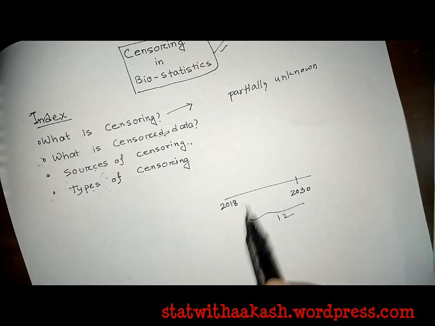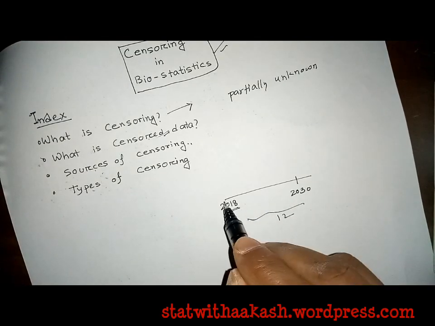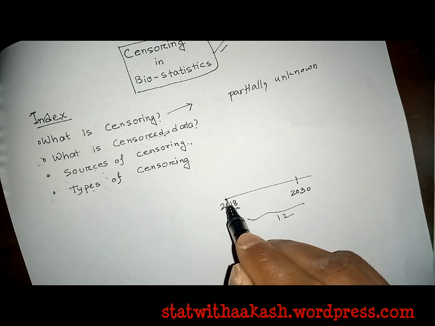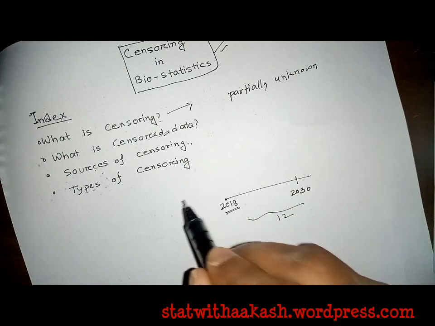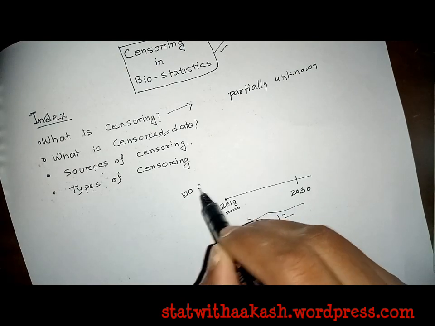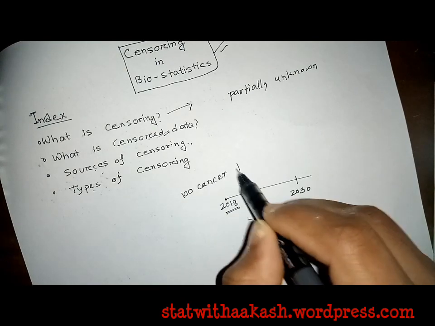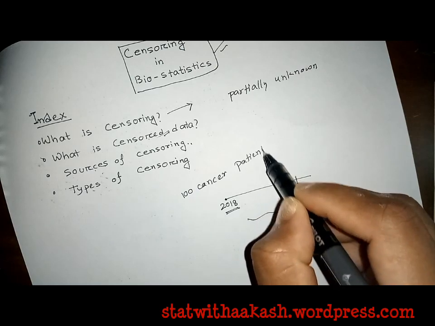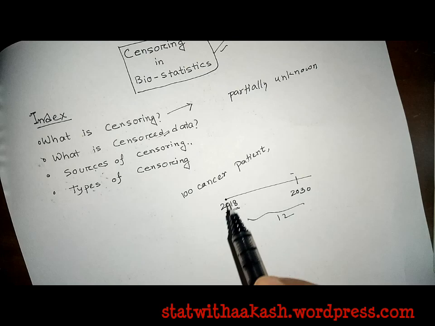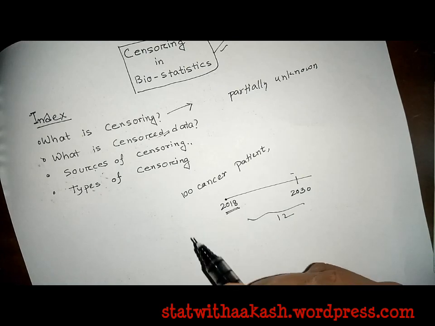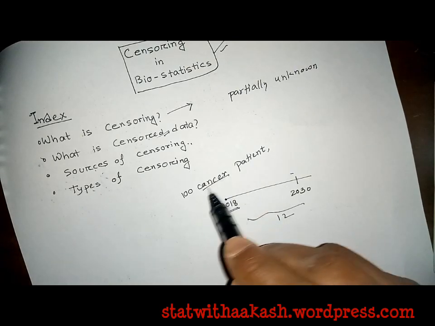So you planned for this study to start in 2018 and finish at 2030, and you wanted to see, for 100 cancer patients, how many persons are dying within this interval, and your interest is dying for cancer.